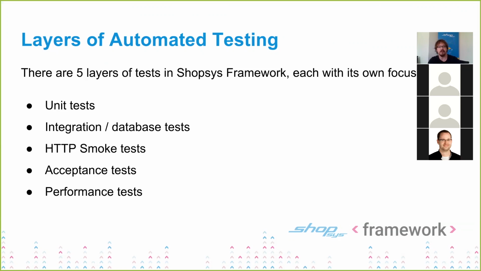Above it, there are integration or database tests that are running on a testing database and can test more classes at once and can test persistence. Also, the third layer is HTTP smoke tests, which is done by our component, which I will show you.